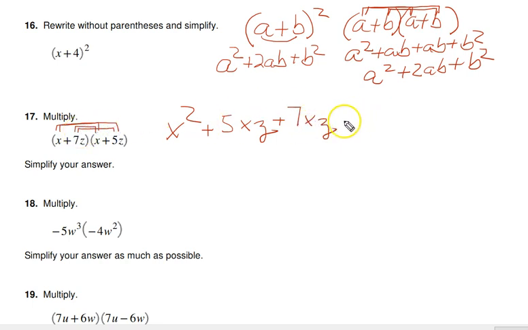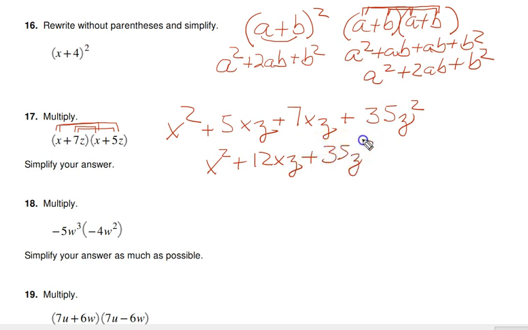And then last, a positive 35 z squared. Then we have like terms in the middle, so this is x squared plus 12xz plus 35 z squared.